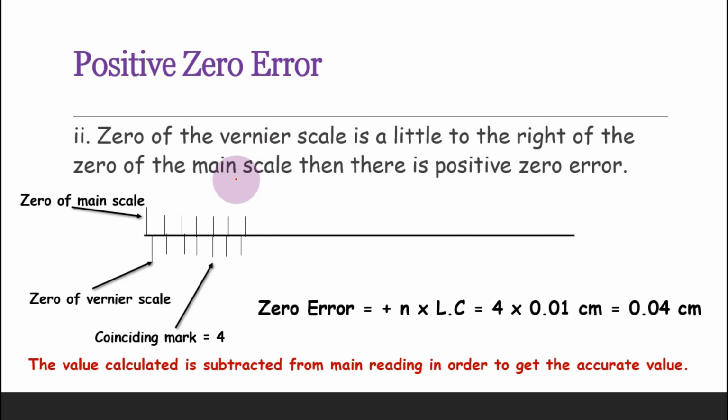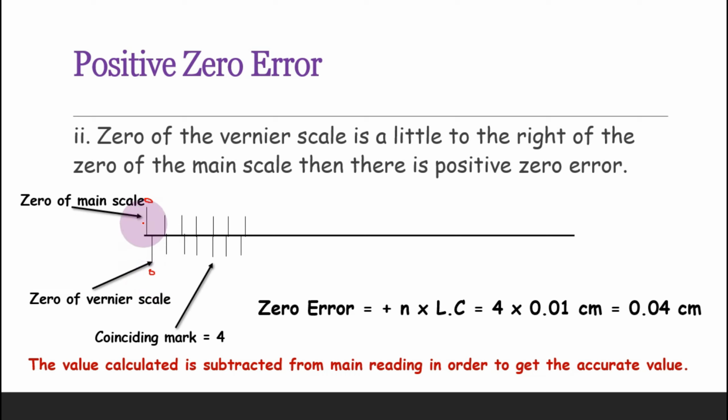Positive zero error occurs when zero of the main scale is on the left side of the zero of the vernier scale, or we can say that when zero of the vernier scale is on the right side of the zero of the main scale. You can say it either way.